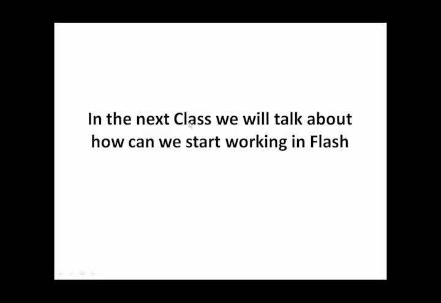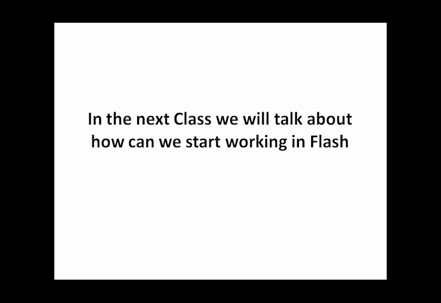In the next class we will talk about how we can start working with Flash. Then I will talk about each tool, what the pen tool means, what the brush tool means, what the rectangular tool, the text tool, and the selection tool mean. These tools we will discuss in the next class.